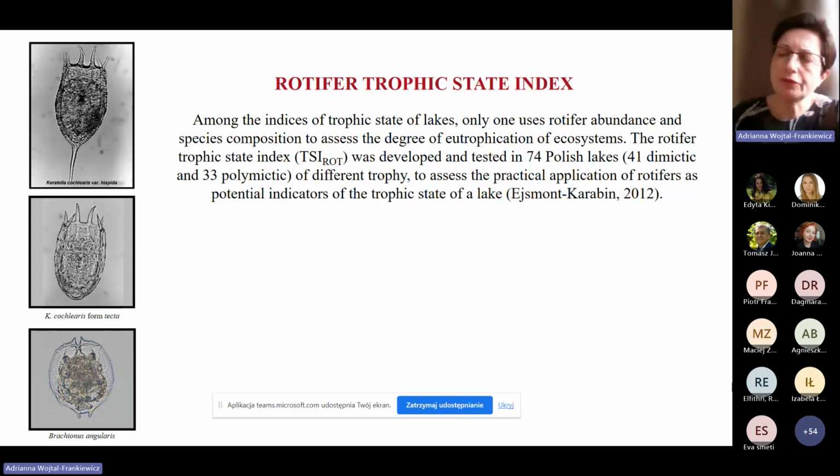The first, the rotifer trophic state index, was developed and tested in 74 Polish lakes of different trophy to assess the practical application of rotifers as potential indicators of the trophic state of a lake.